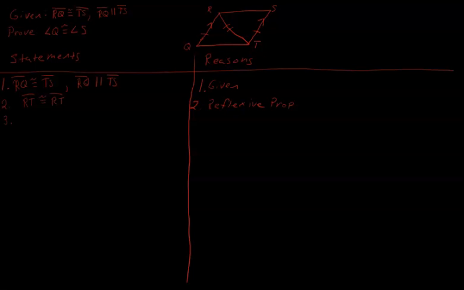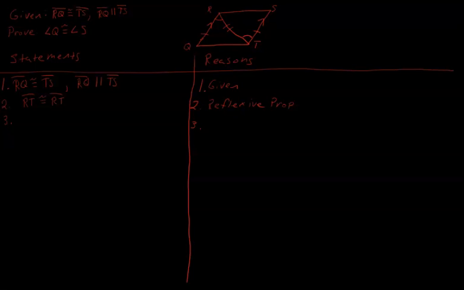Now step 3 is a little bit tougher. It uses stuff that we haven't used quite as much, but it should be fairly fresh for us. So given lines are parallel in a diagram, anytime that we know that lines are parallel, we should be thinking about congruent angles. So what angles are congruent based on these two segments being parallel would be the angle up here and the angle down here.